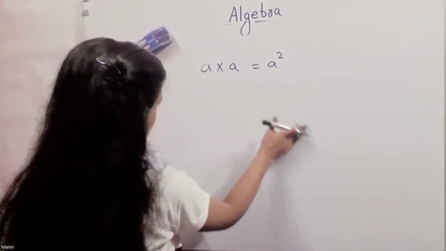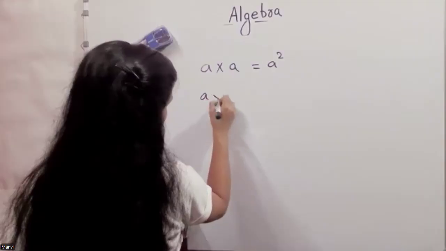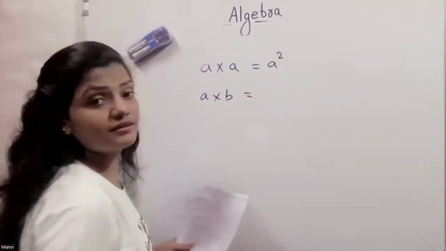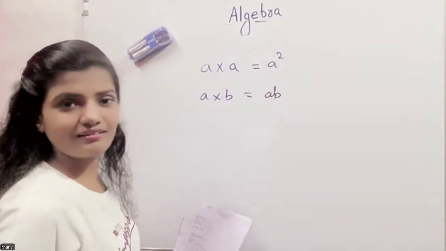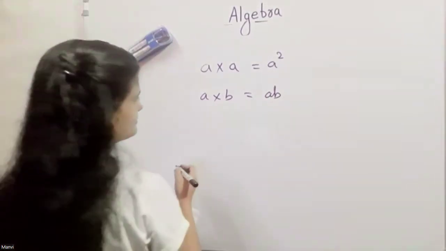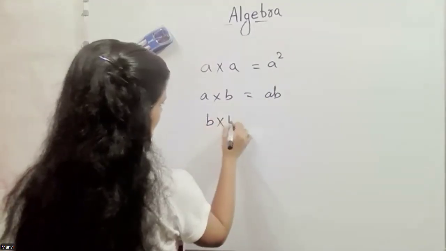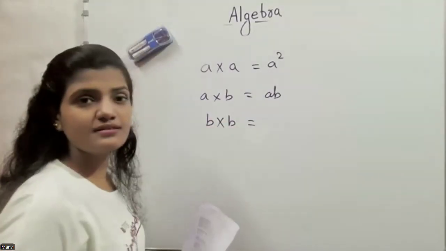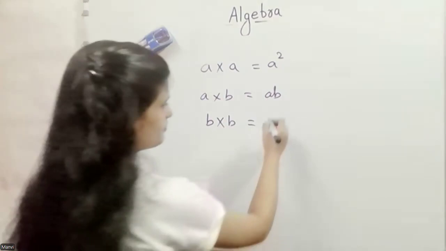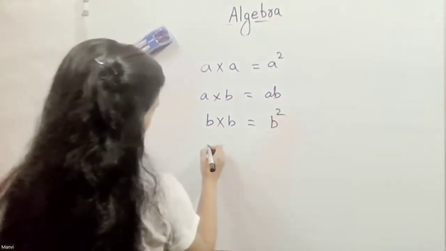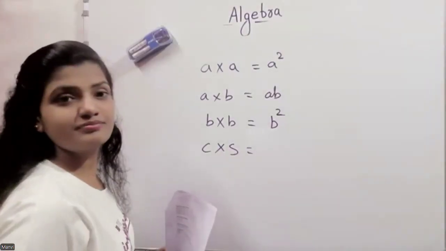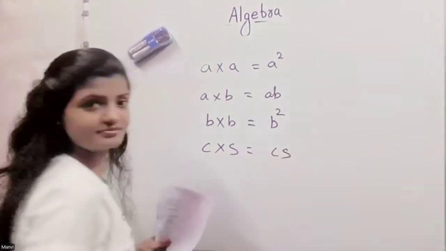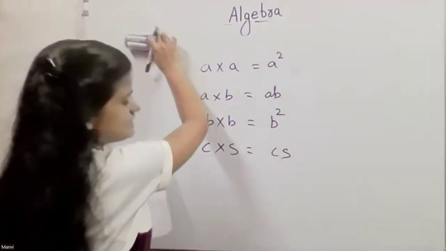The next is A times B means AB. B times B means B squared, B with power 2. C times S means CS. That's easy actually.